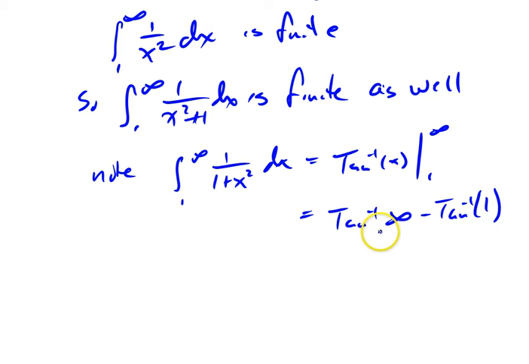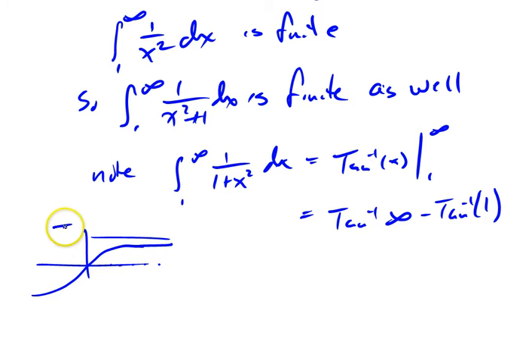Arctan of infinity, again, we're not really plugging in infinity, we're plugging in a big number and making it bigger and bigger and bigger. And if you look at the arctan function, it's a sideways tangent function. And as you put in bigger and bigger values, the arctan has a horizontal asymptote of pi over 2. So the arctan of infinity is actually pi over 2. The arctan of 1, the angle whose tangent is 1, is pi over 4. So this is pi over 4. Okay. Finite. Finite.